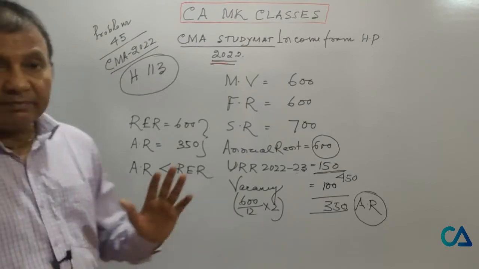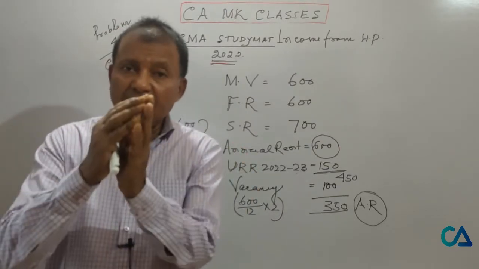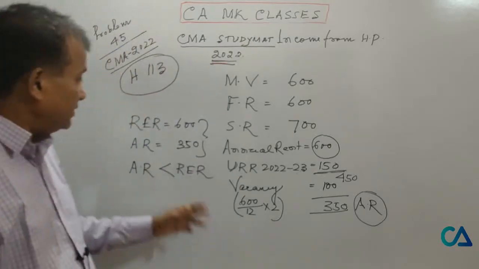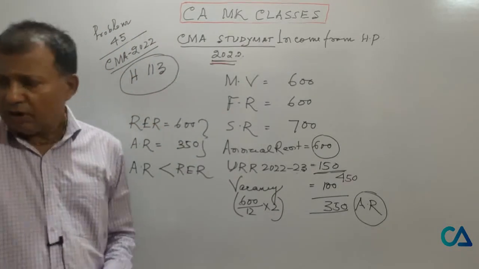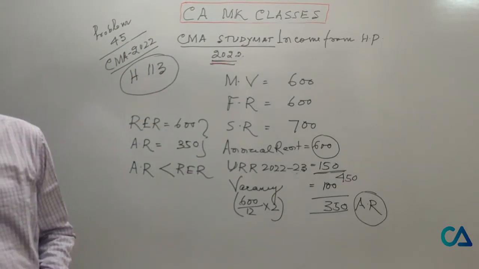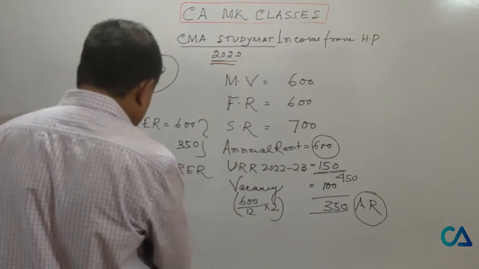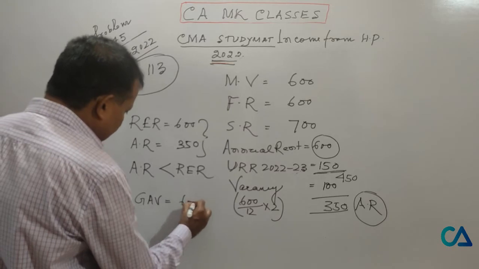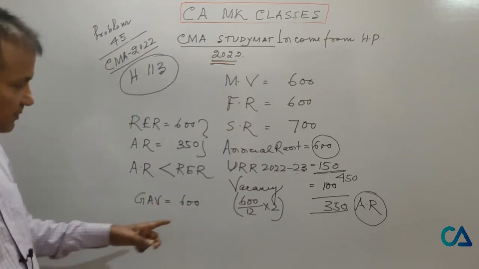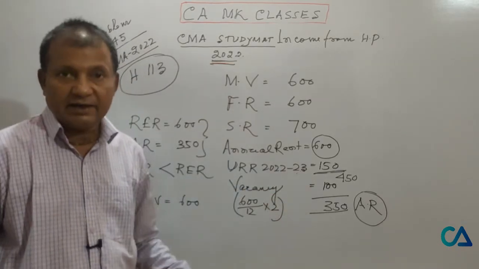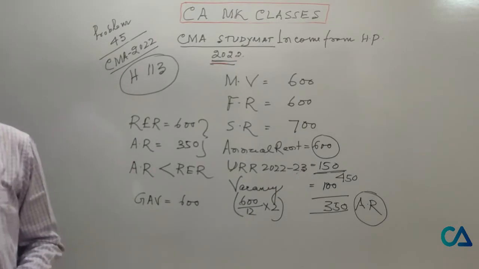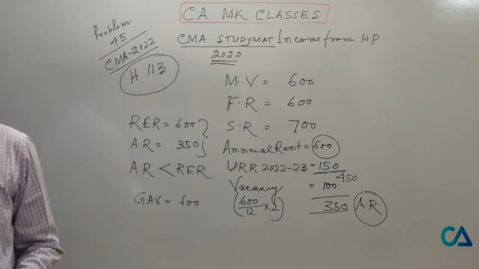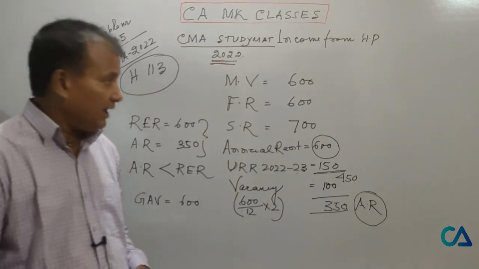Now even if there is no vacancy, RER is greater, so gross annual value will be 600, and from this vacancy will be deducted.